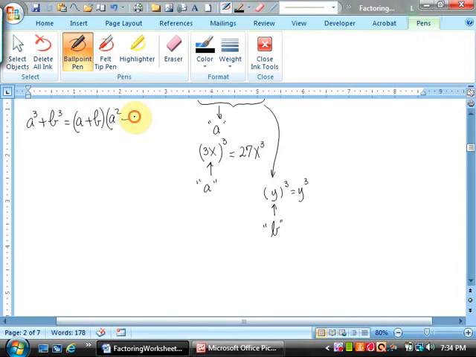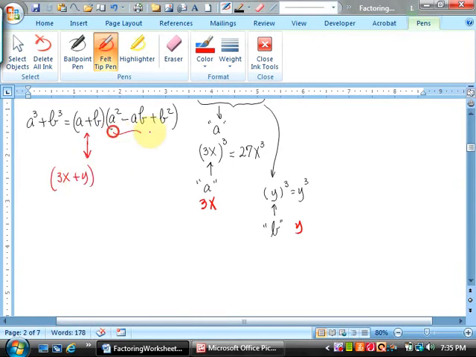Minus what? AB. And then plus B squared. And this is the model. But I know that the guy I'm calling A is 3x, and the guy I'm calling B is y. So we're going to come back here and we're going to say that for this piece here, I have 3x plus y.